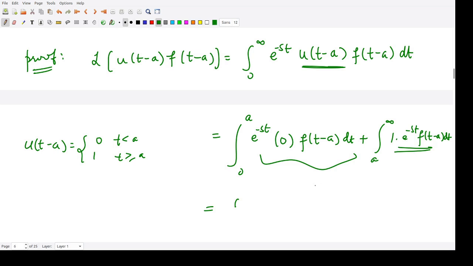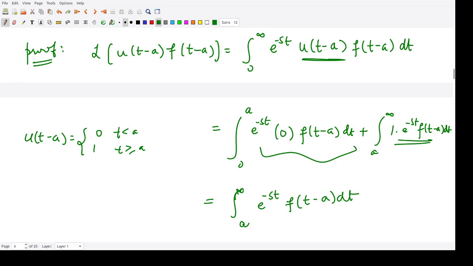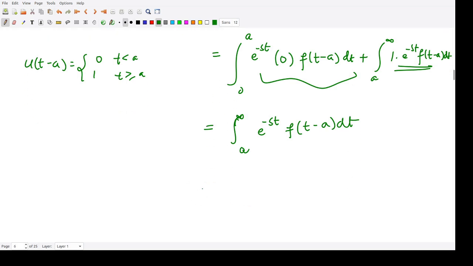So we will be left with the integration from a to infinity of e to the power minus st f(t minus a) dt. Now we have to make it into the Laplace transform of something. So you could replace the variable. You could substitute, put t minus a as x.